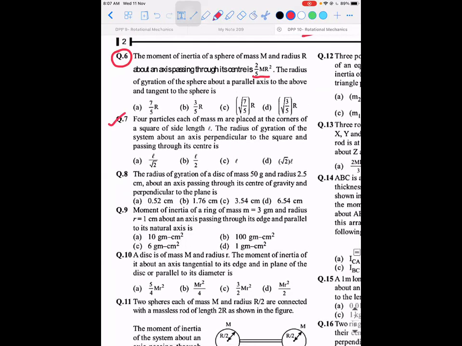Seventh one. Four particles each of mass small m are placed at the corners of a square of side length L. The radius of gyration of the system about an axis perpendicular to the square and passing through its center is. So this is also a simple question, guys.